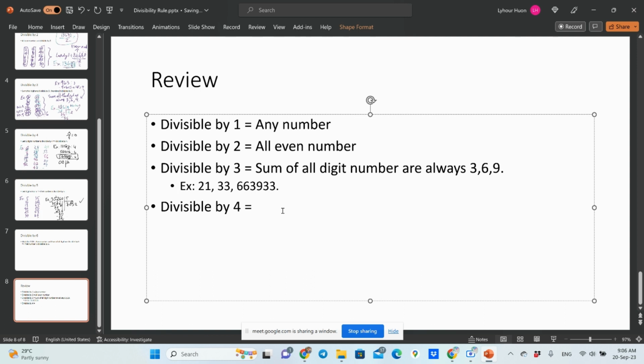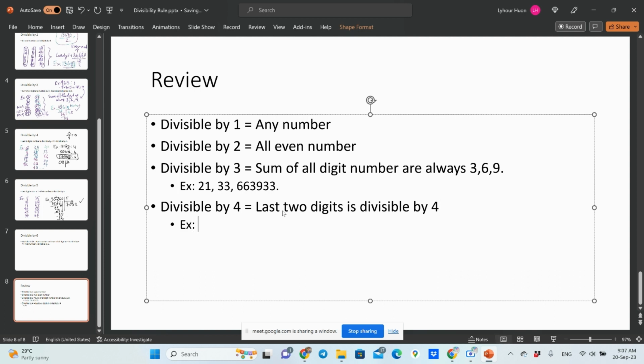We can check if the last two digits are divisible by 4. So we check with the last two digits. If the last two digits are divisible by 4, then the whole number will be divisible by 4.